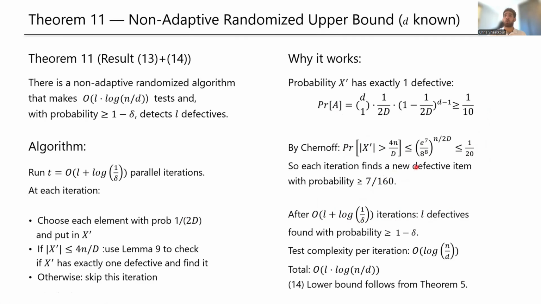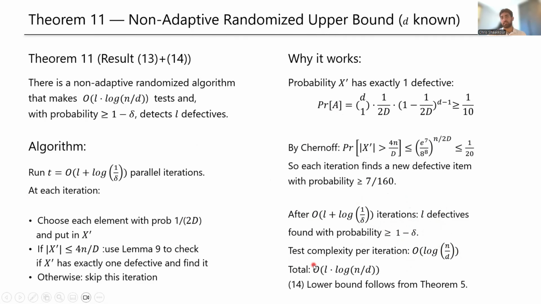So at each iteration, we have a probability to find a defective item, which is 7 divided by 160. And if we run over L plus log 1 divided by delta iterations, we find L defective items with this algorithm, with probability greater or equal to 1 minus delta. So we're using lemma 9, which has log n divided by D test complexity, and we are running L tests on this to get the results.